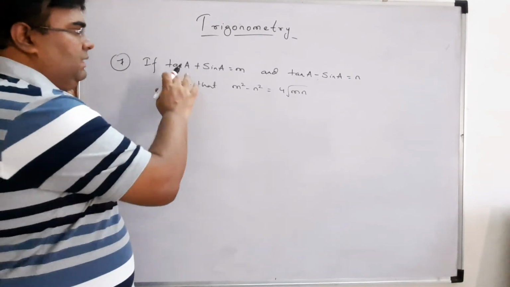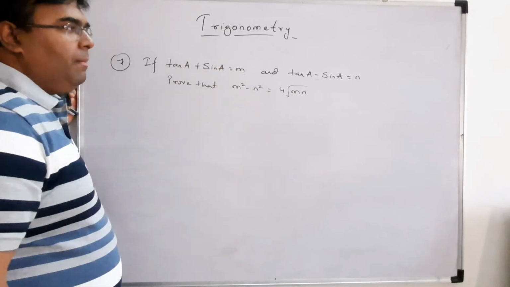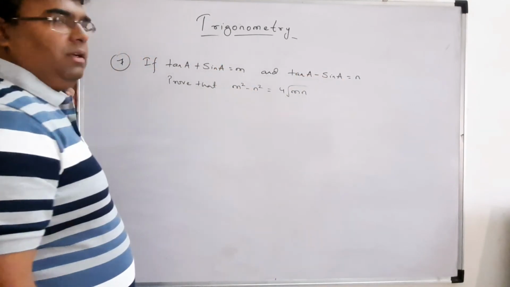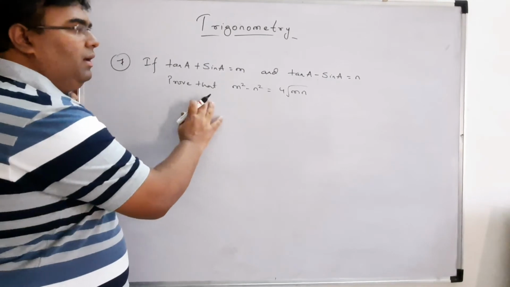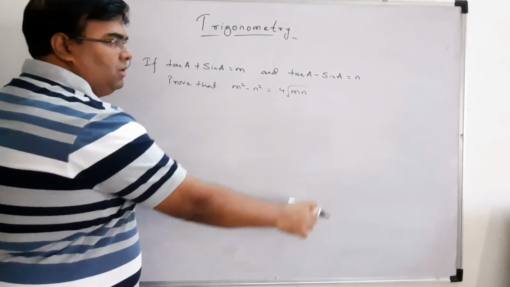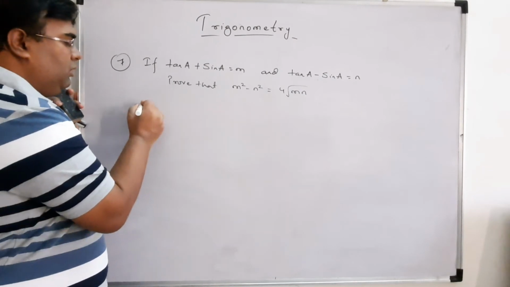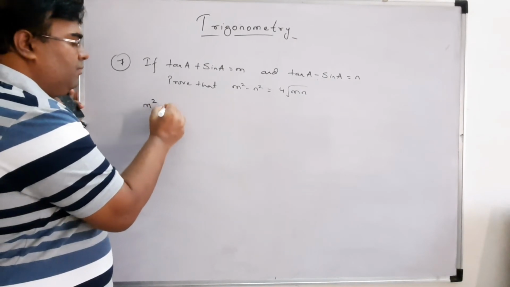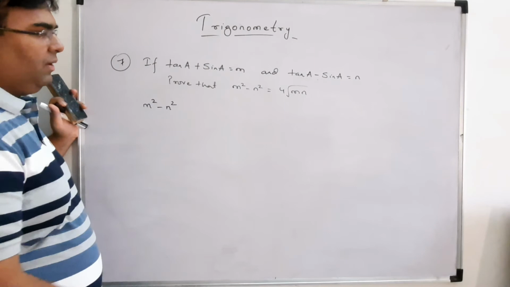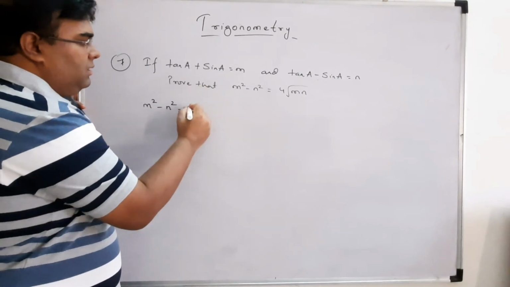Okay, let us take this example here. They have given tan A plus sin A is equal to m and tan A minus sin A is equal to n. Prove that m square minus n square is equal to 4 under root mn. So if we start from LHS, what we will get?